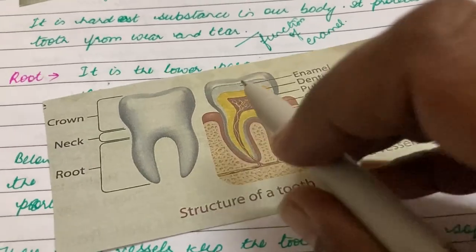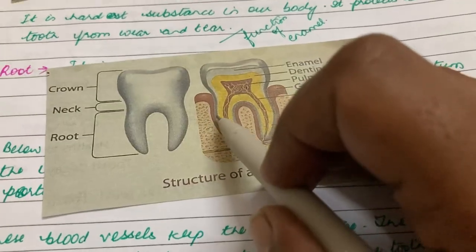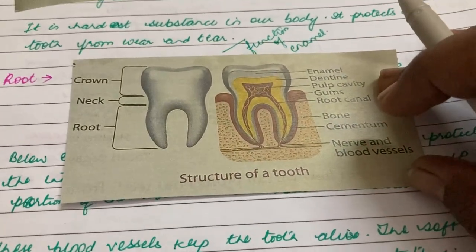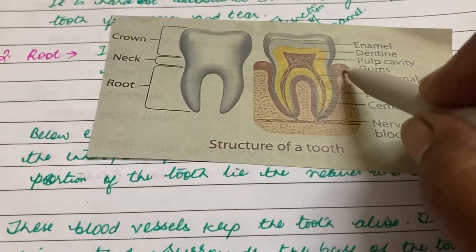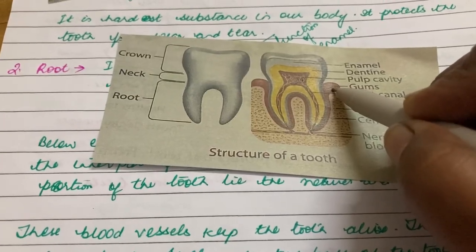Here, these are the soft tissues that surround the base of the tooth, which is called gum, and the gum holds the teeth. This red part is the gum part, and it holds the teeth in place.